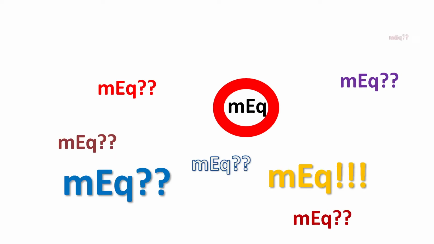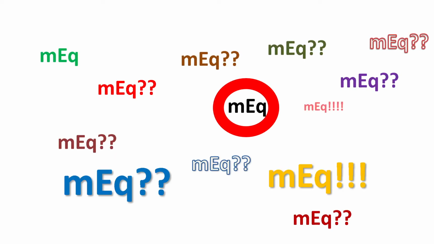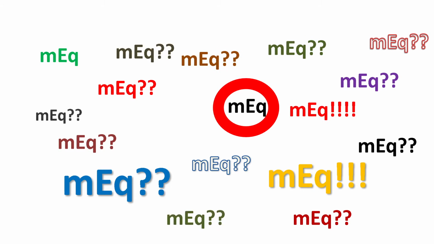Is it a unit of weight? Or is it a unit of size? Or is it a unit of volume? What is it? To understand this, we need to learn few very essential basic concepts.